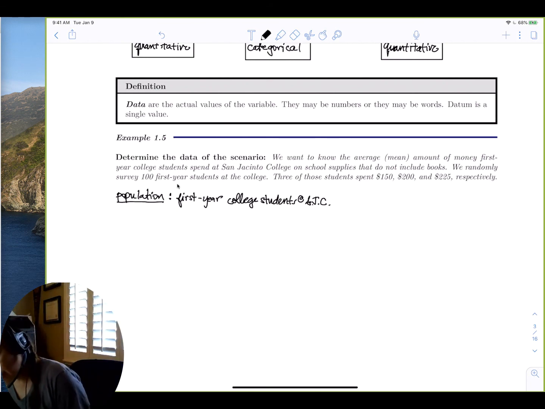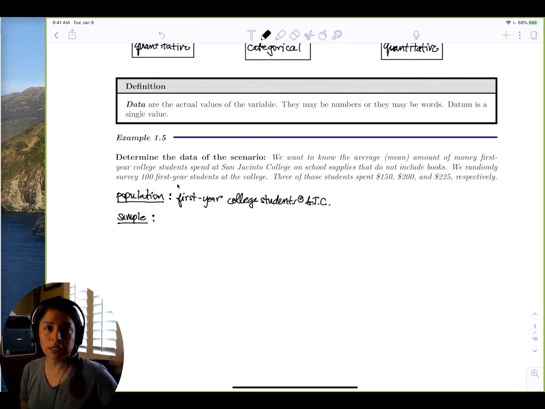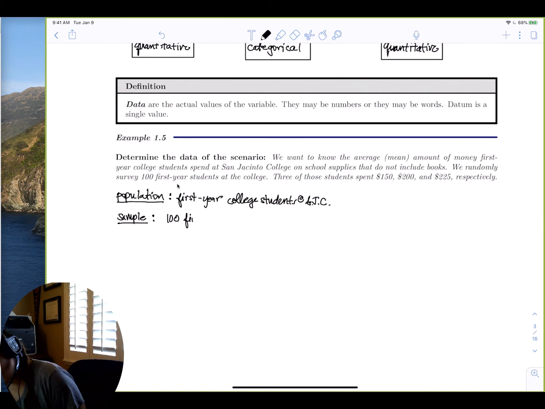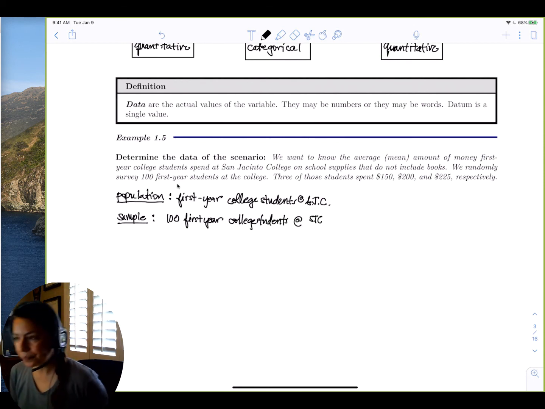And so the sample, they did not survey every single first year college student. That's a lot, right? What did they do? That's right, they took a sample. They took a sample of 100 first year college students at SJC, right?